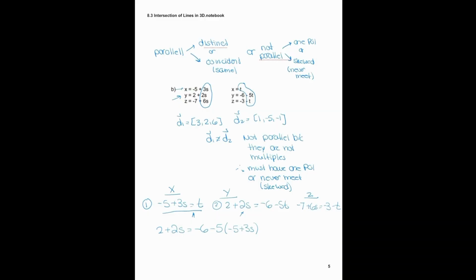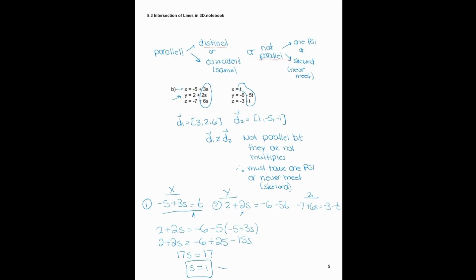So we end up with, just doing some rearranging, 2 plus 2s equals -6 plus 25 minus 15s. Get all the variables to one side, all of the numbers to the other. I get 17s is equal to 17. So s is equal to 1. There's our value of s.